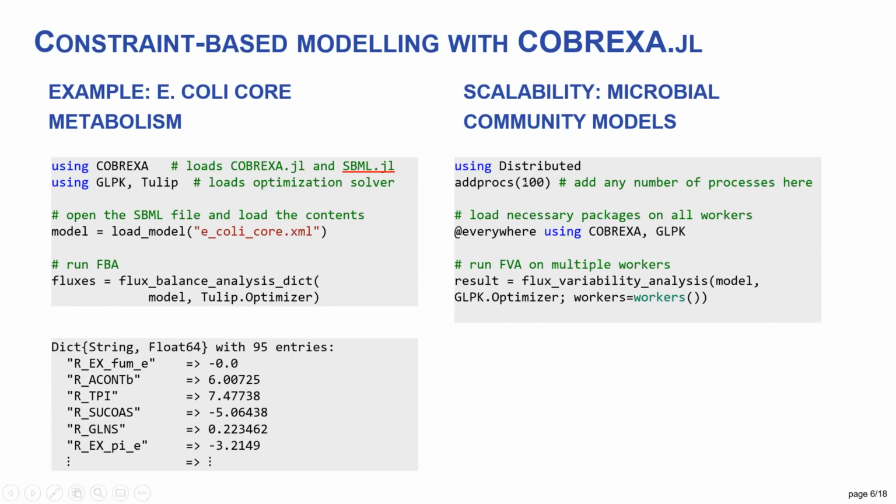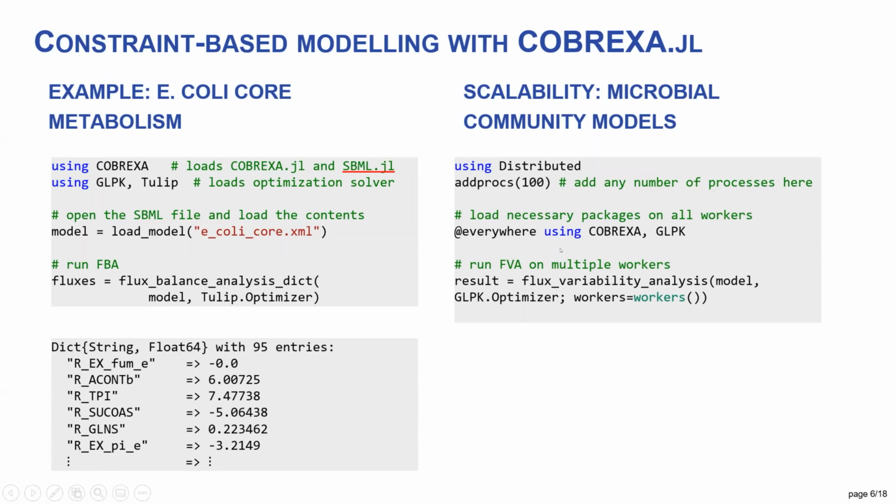So even if you don't know parallelized programming, you can just say, I use the Distributed package, add any number of processes I want to use, load the necessary package on all the processes, and then run whatever analysis you want, for instance, flux variability analysis.